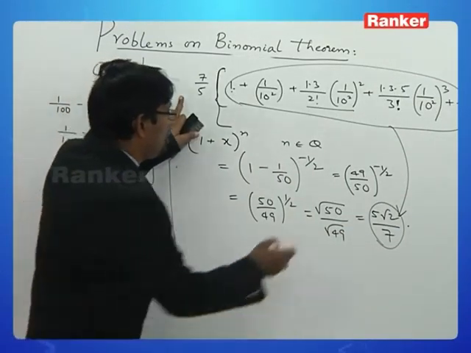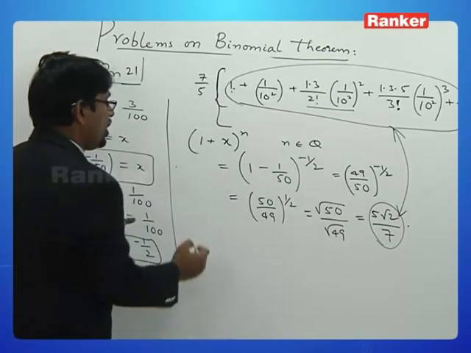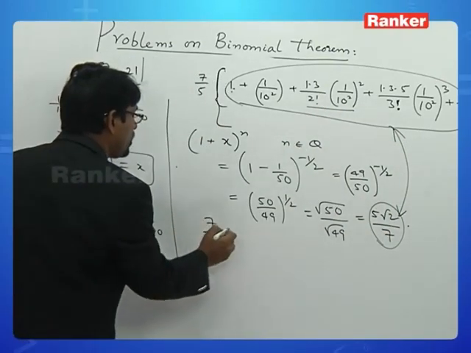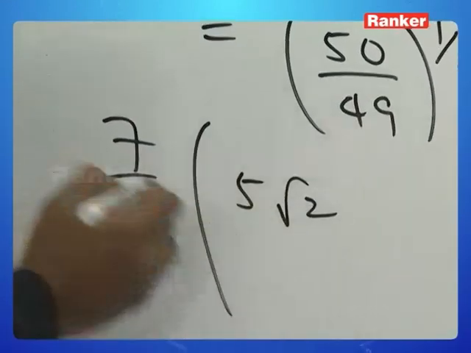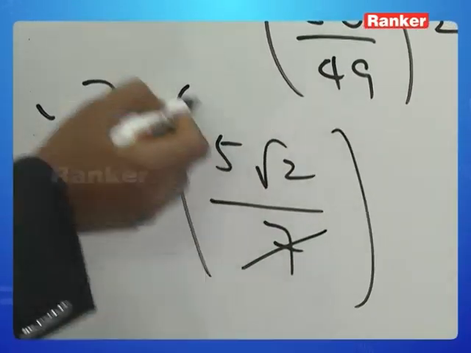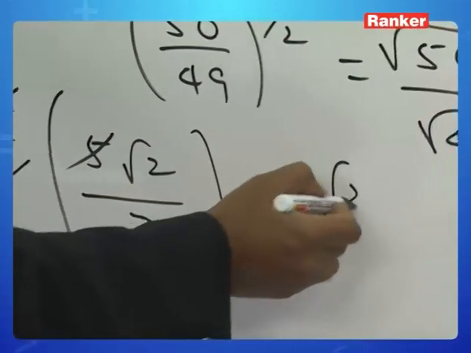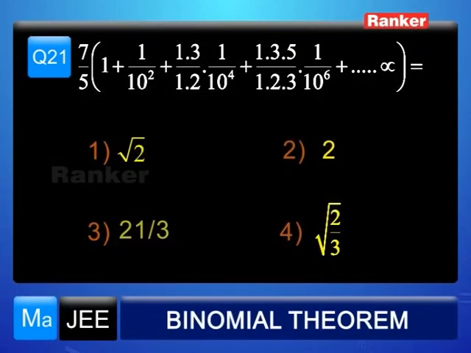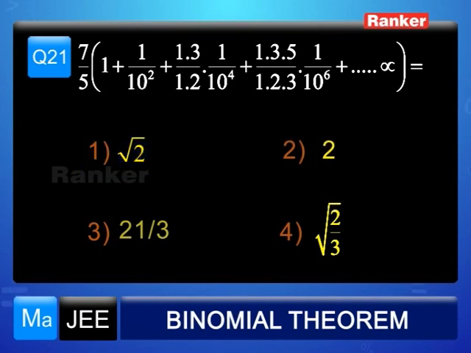I'll substitute this 5 root 2 by 7 here. So, we will have 7 by 5 into this entire thing in the bracket, 5 root 2 by 7. The 7 and 7 cancel and this 5 cancels. So, what's the answer there? Answer is root 2. So, clearly the answer is root 2 and therefore, the right option is option 1 there.